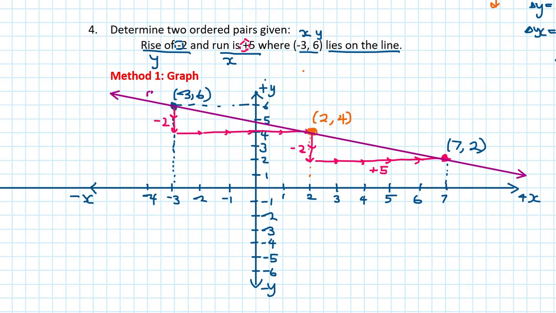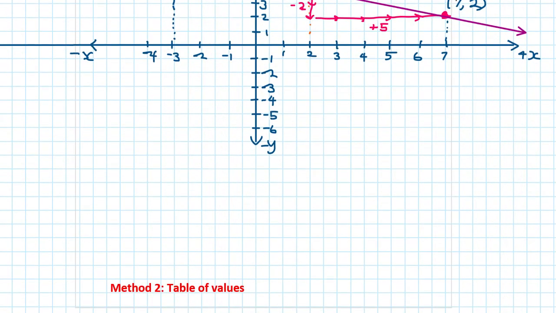The first ordered pair is what we have right here, and the second ordered pair is what we have over here. So our answer is as follows. In here we have our first ordered pair to be (2, 4), and the second ordered pair is (7, 2).